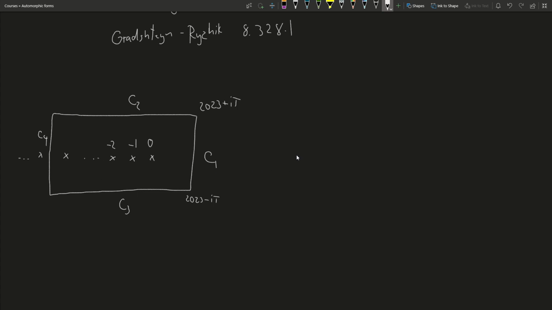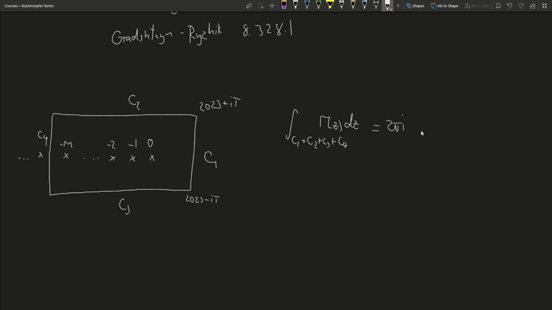And Cauchy's residue theorem says that the integral along this whole rectangle of gamma of z dz is equal to 2 pi i times the sum of the residues. So I'm going to say this is going to be minus m.